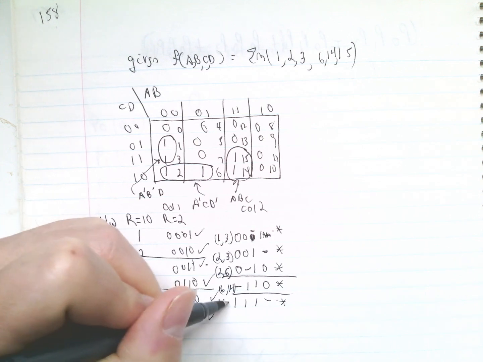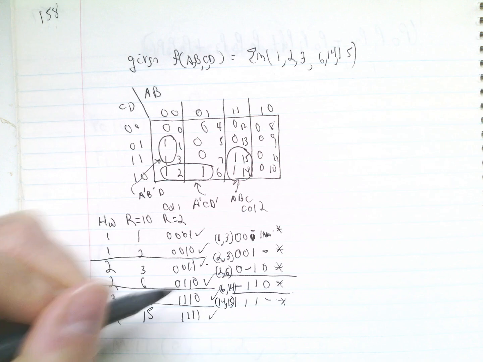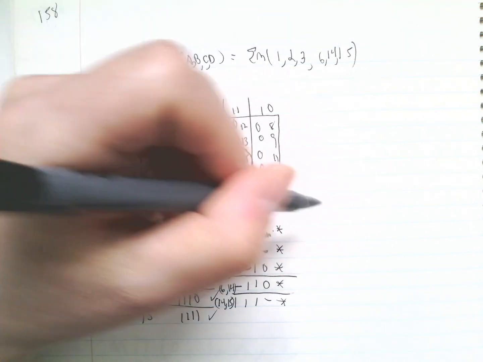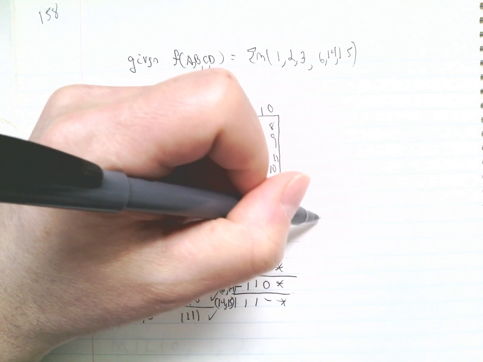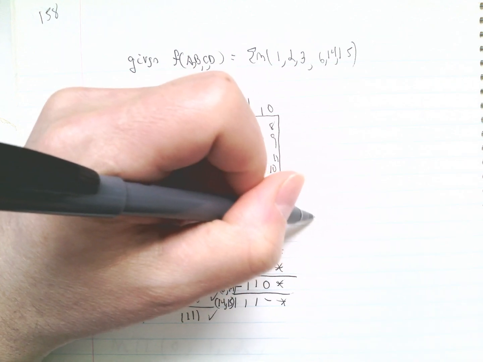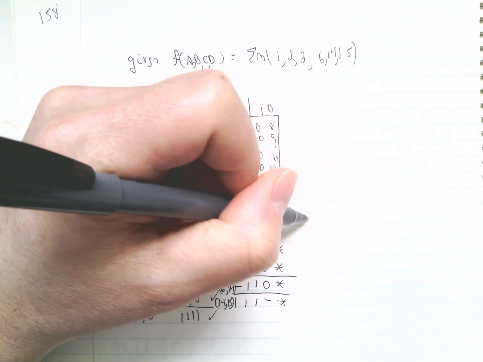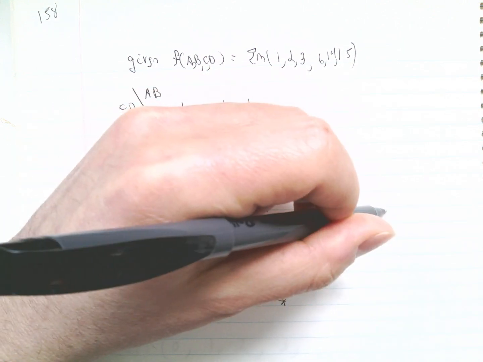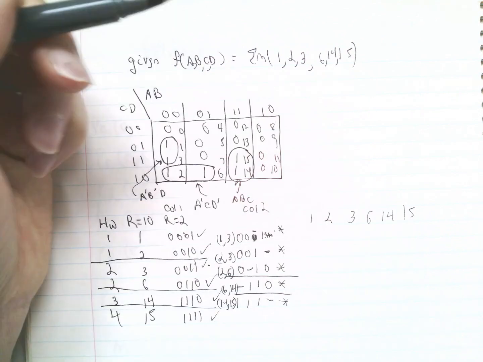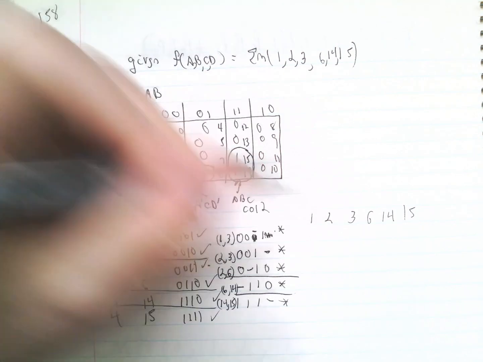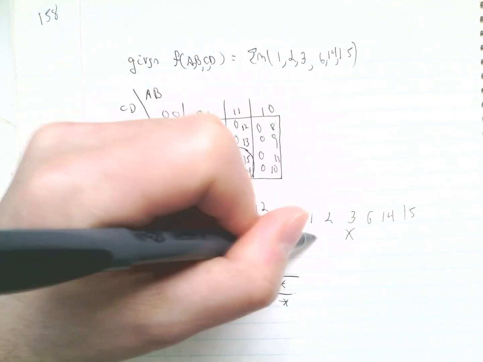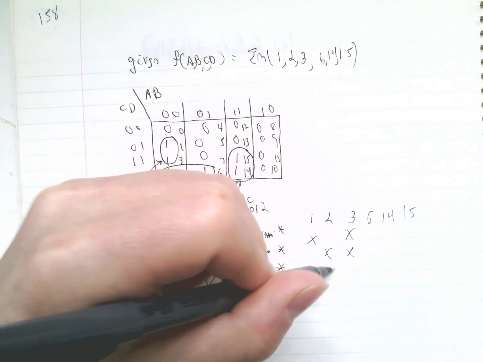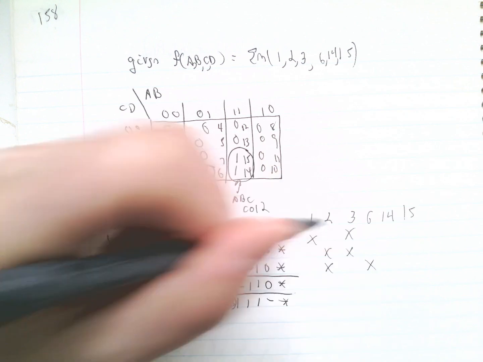Now we go to the implicant chart, and we write out across the top 1, 2, 3, 6, 14, and 15. And then we put an X when there's coverage under any one of the min terms. And this says 14, 15.